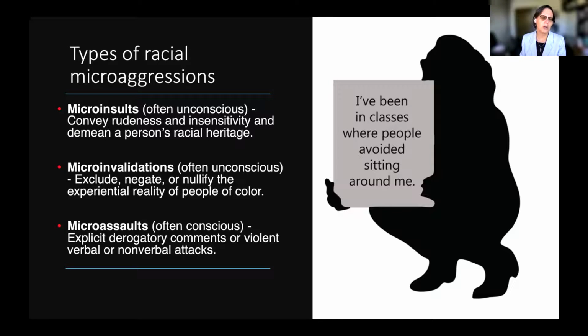And then the idea of microassaults is typically a little bit more like old-fashioned racism. It's more obvious. What is important about them is that they become acceptable in a particular context, and they're tolerated even though everyone knows that they're racist. So for example, having a racially themed party, the university tolerates those kinds of parties that their students hold.